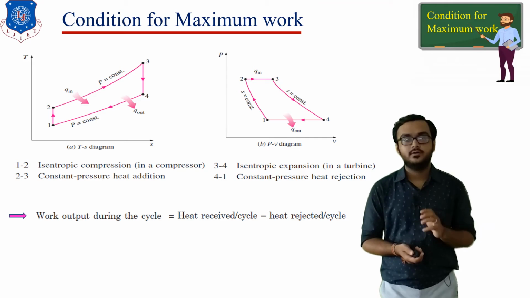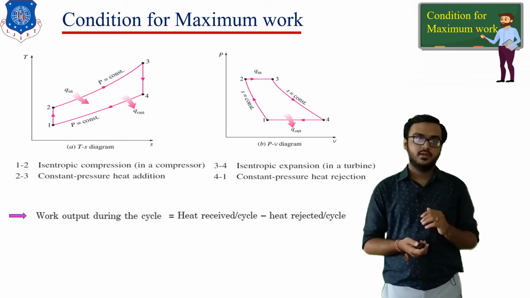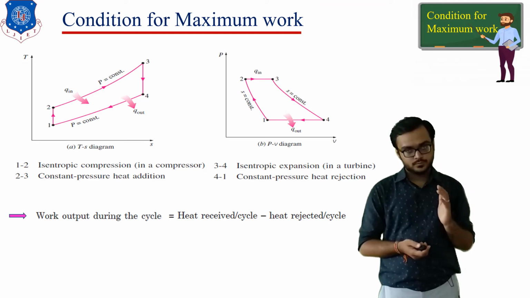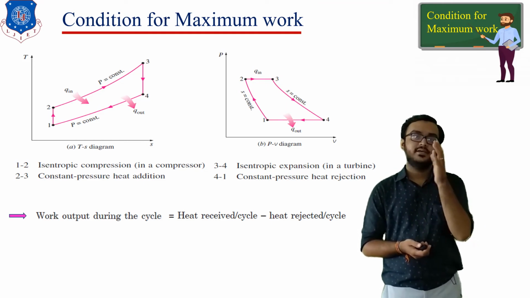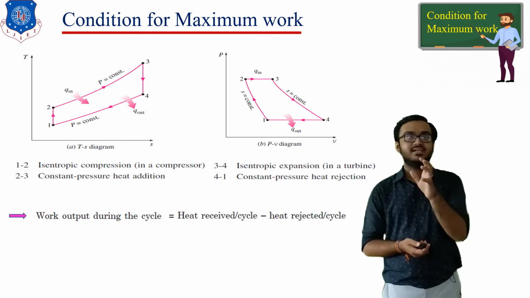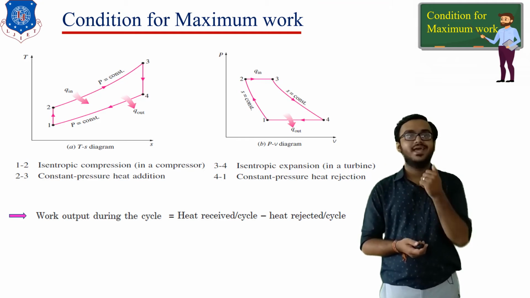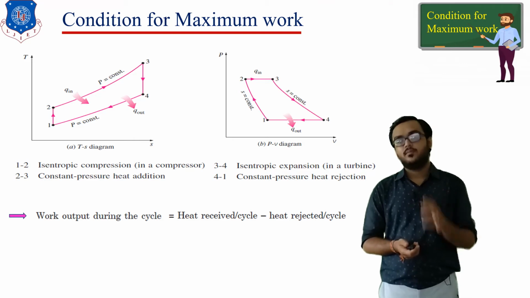Here, supplying heat to the combustion chamber is nothing but MCP (T3 minus T2). T3 is the temperature of gas after the combustion, while T2 is the temperature of gas at the entry of the combustion chamber.